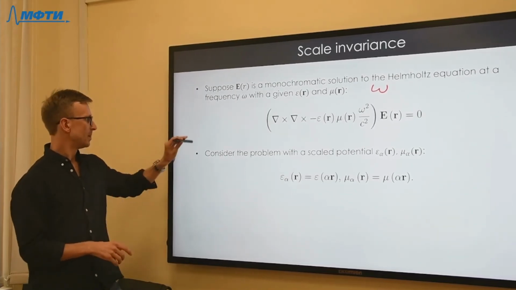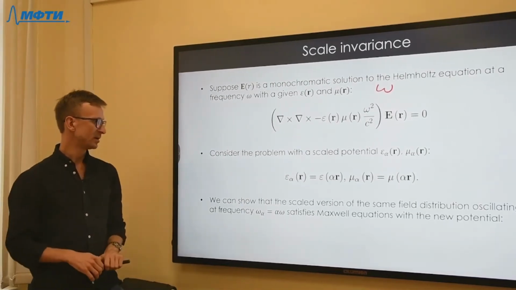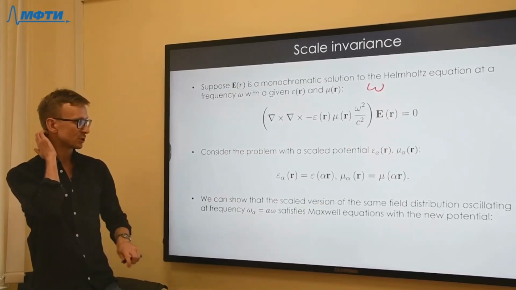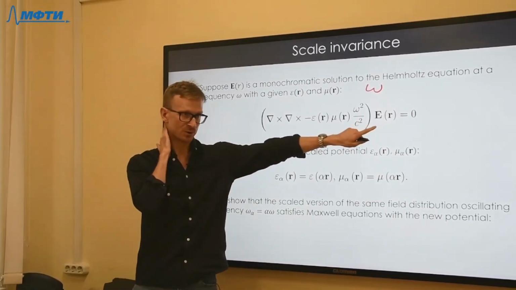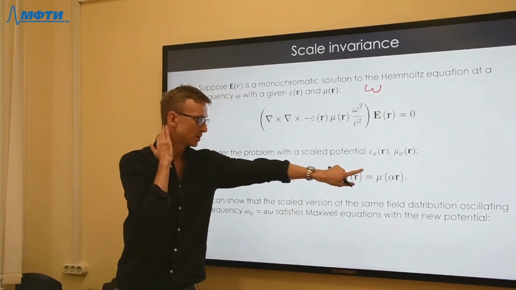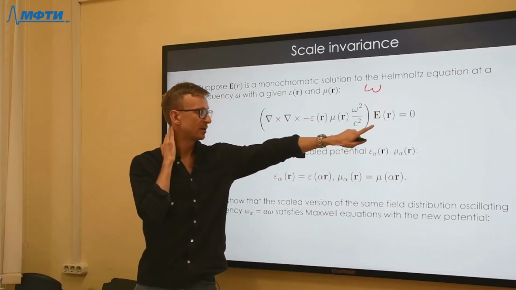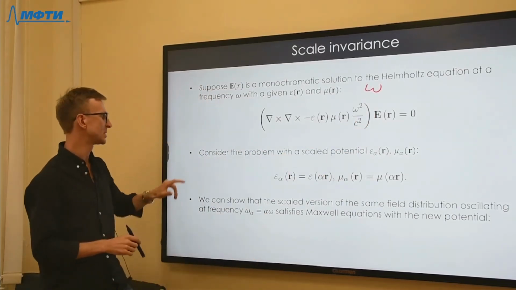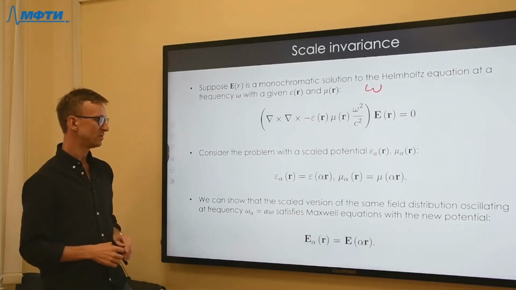Okay, now I'm going to claim that we can show that we can obtain a solution to the system by scaling up or down the same field distribution by the same factor. So how am I going to obtain this new field distribution?